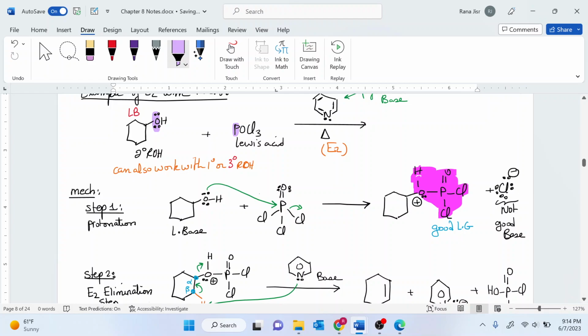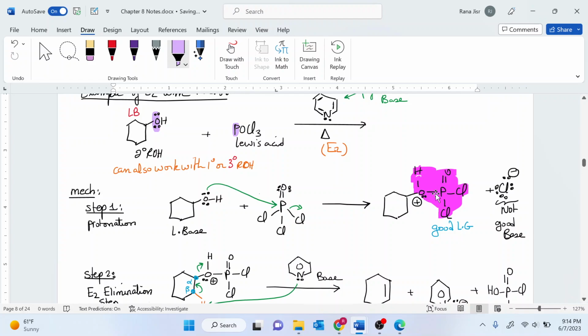So now the reaction is going to be from the lone pairs of the base towards the acidic site of the Lewis acid, which is the phosphorus. This is the electrophilic site, which is the electron deficient site in there. You're going to make a complex between the oxygen and the phosphorus.